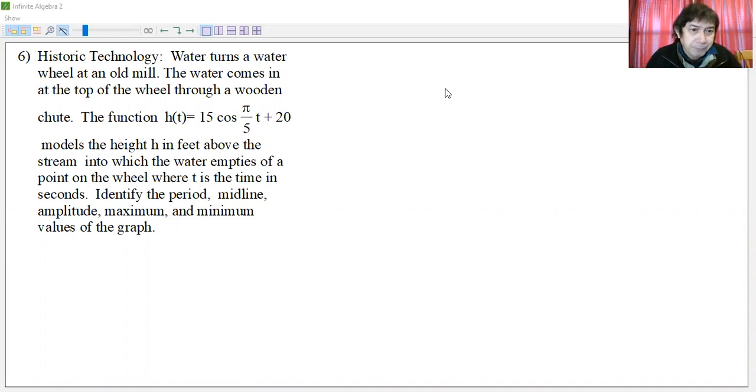Okay. All right. So the height is in unit of feet. The time is in unit of seconds. Okay. All right. And so let's start with the given. Start with the given again. And we have h of t is equal to 15. That looks like the amplitude already. Cosine pi over 5.